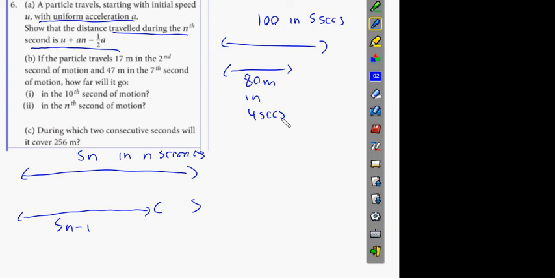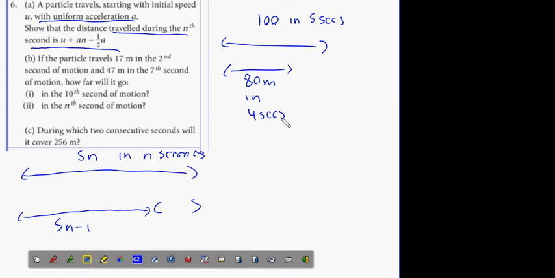Now, there is one problem here actually. Okay? Now there is a problem with my system. Or is there? I'm using S of n minus 1. So I think I should be using T, and then use n, and then we want to find out how far we travel during the nth second.